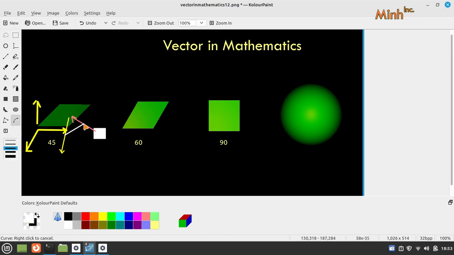They make an angle. This angle must be 0. If it is going to be 90 degree, then there is no illumination. This is what we are trying to see.